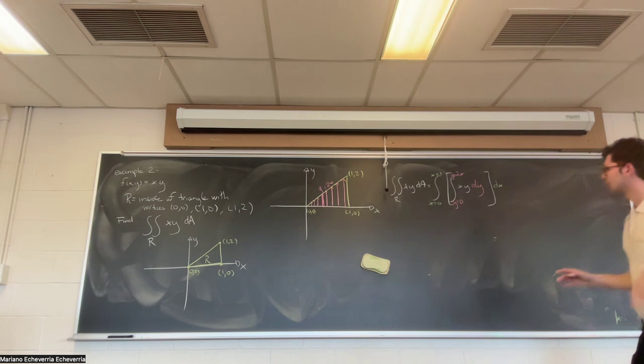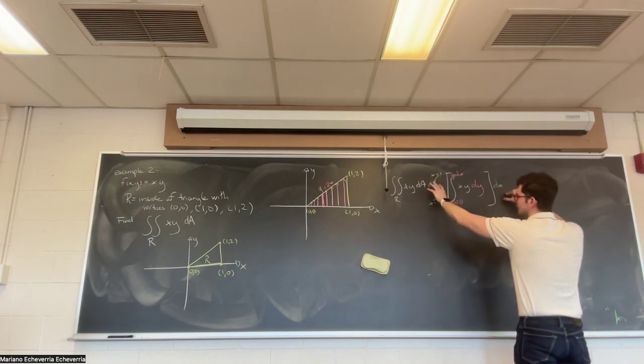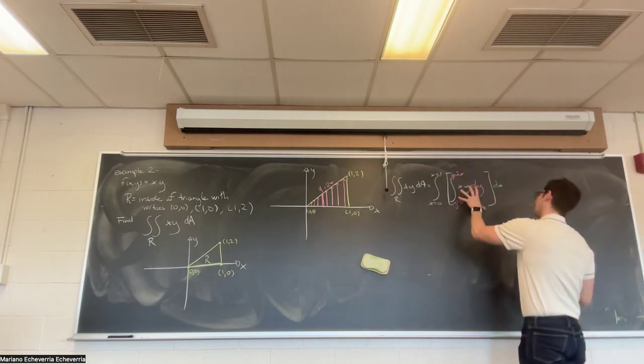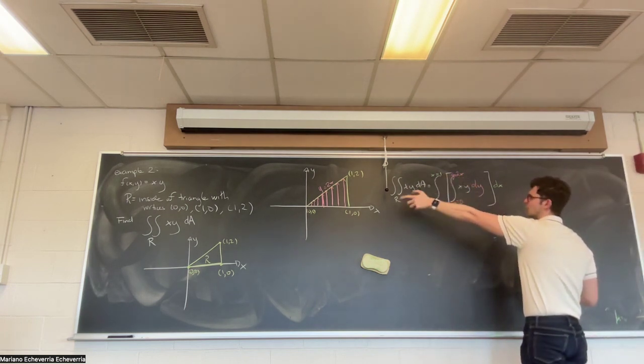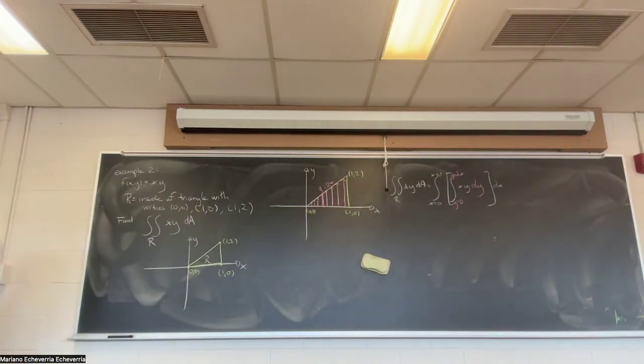I'll write this next time as a set of rules, but the rule is that the outer bounds, or the last bounds of the integration, are always constant numbers, because the inner bounds already account for the variation in the size of the arrows.